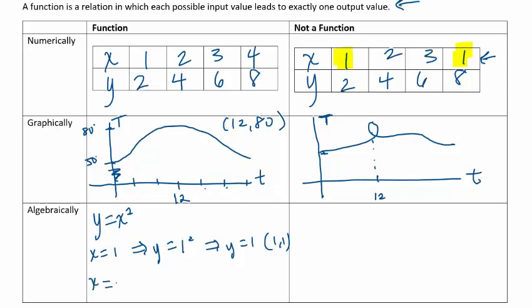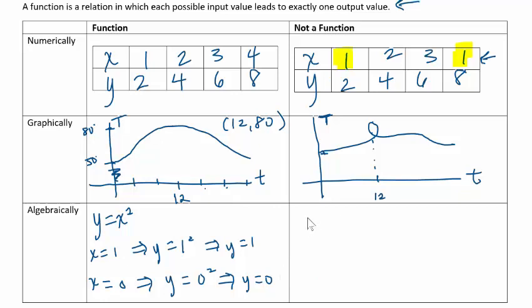Okay, let's try another one. If x equals 0, then y is equal to 0 squared, which is a y value of 0, and that ordered pair is 0, 0. We can continue in this manner, and we can see that every x value produces only one y value, and therefore this is an example of a function.